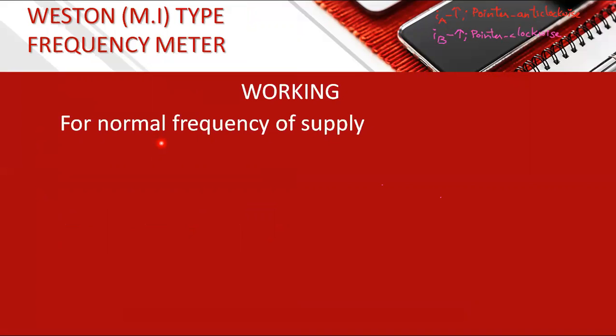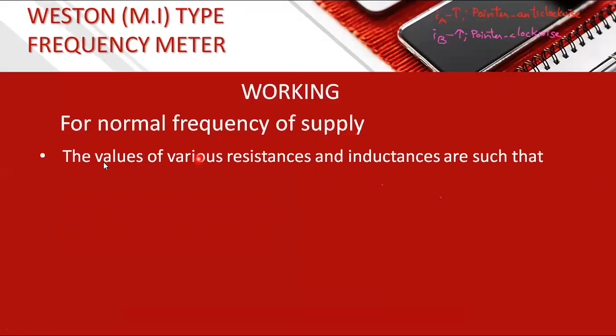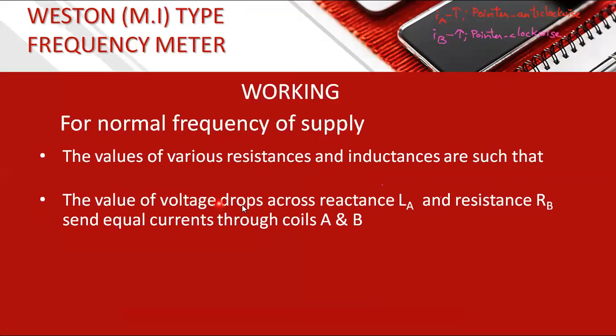So our normal frequency would be 50 hertz. Now for normal frequency of the supply, the values of various resistances and inductances are such that the voltage drops across reactance LA and resistance RB send equal currents through coils A and B.